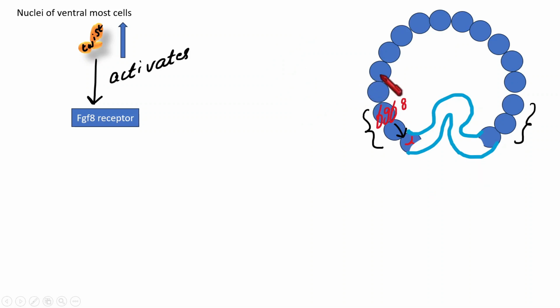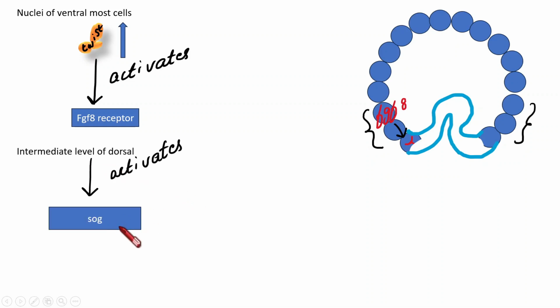Okay. Next, I am going to tell you about those cells seen on the lateral side, lateral to the ventralmost 16 cells. So what happens here? These cells receive only an intermediate level of dorsal protein, and this intermediate level of dorsal protein results in the activation of another gene. What is the name of that gene? SOG. So the SOG gene got activated in these cells, and these cells will transform to neural ectodermal cells.